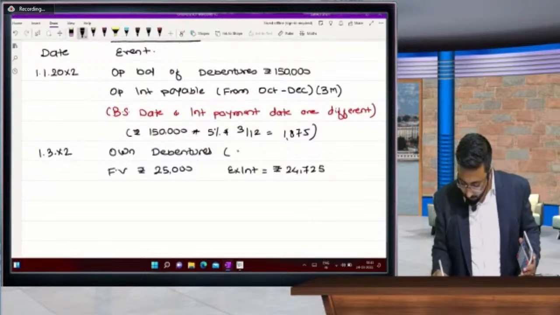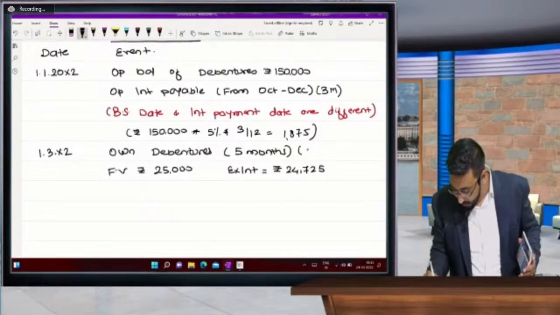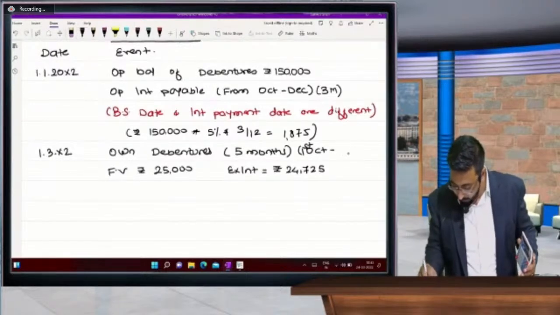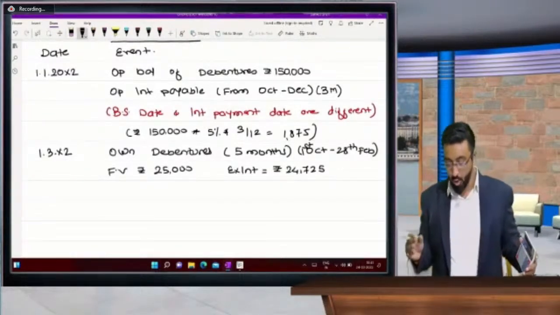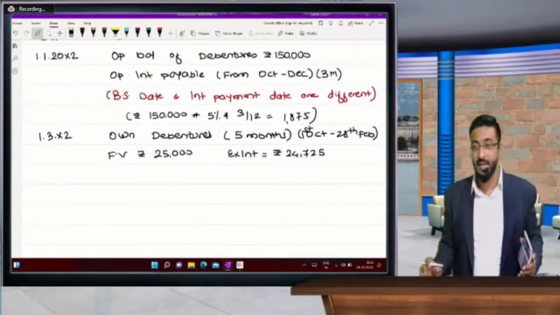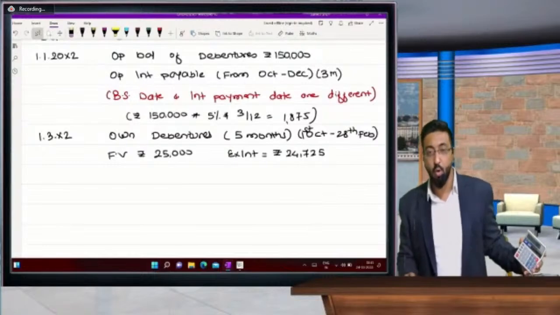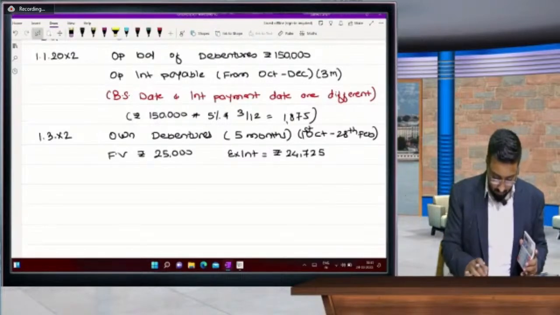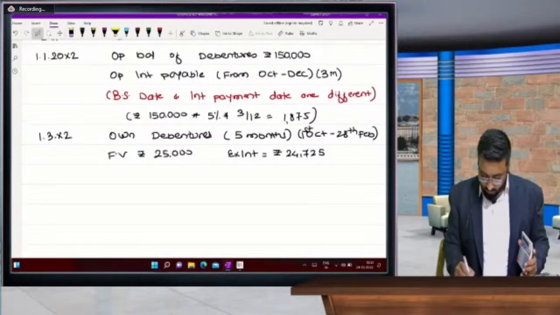So beta, 5 months. How did you calculate 5 months? From last October 1st to 1st March, or 28th February: October, November, December, January, February. We bought own debentures from the open market, so this is a purchase. Next date.